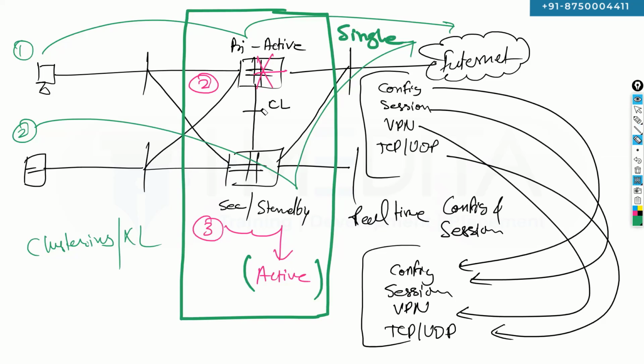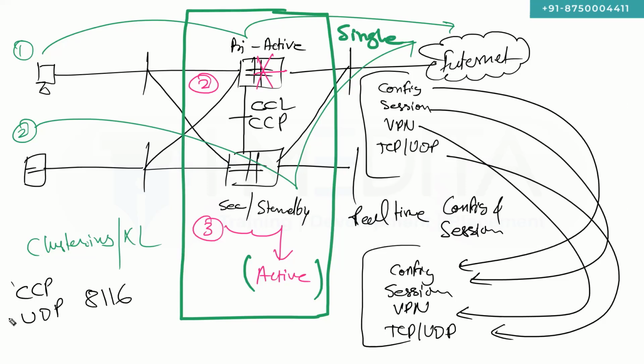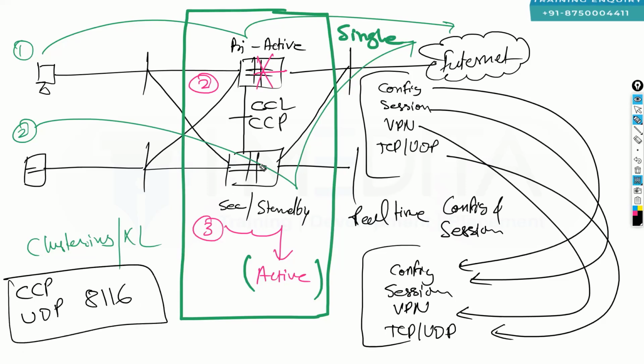And here we will configure a dedicated link between these cluster firewalls so that they can communicate with each other, and this will be called the cluster control link. This cluster control link will use the Cluster Control Protocol, CCP, which uses a UDP port, 8116, for communication.